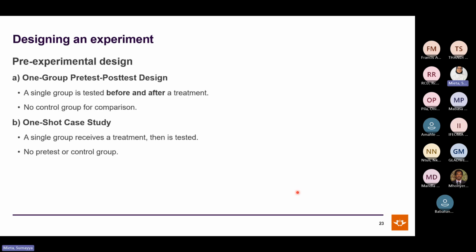So you can do a one group pre-test, post-test design, where you take a single group and you test it before and after a treatment, and that's it. You don't have a control group to be able to compare, okay? Then you have a one-shot case study, where a single group receives a treatment and it is then tested, okay? So there's no pre-test or control group.